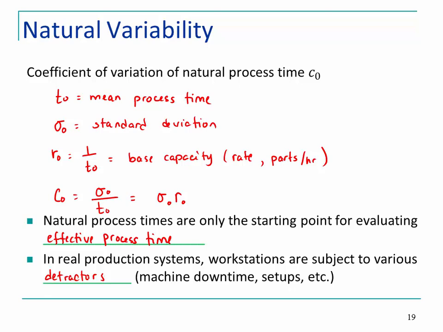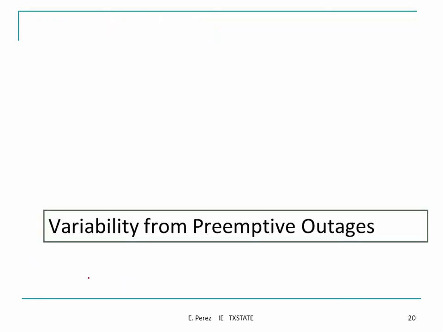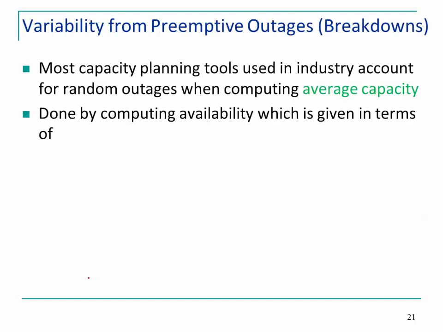So we're going to start looking at two different types of detractors for our system. The first one is what we call variability from preemptive outages. These outages are basically breakdowns that can happen in your process, like failures and so on. Most capacity planning tools used in industry account for random outages when computing the average capacity.